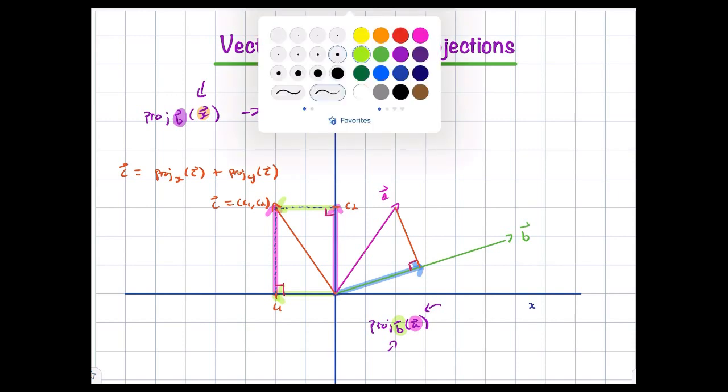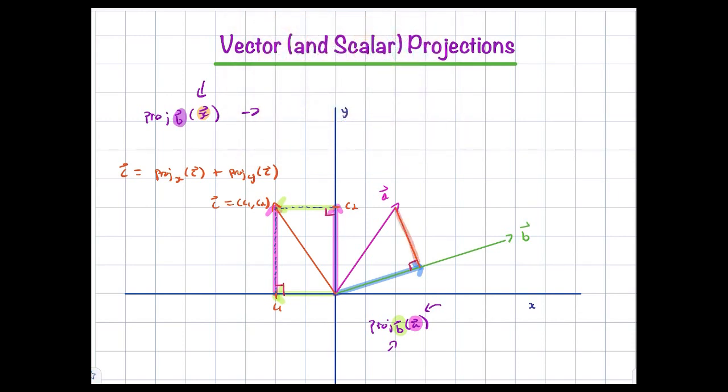the vector we have right here. This is going to be a key to figuring out the formula for the projection of a onto b. We're noticing that we have this vector here, which is orthogonal to b. It is at a right angle to b.